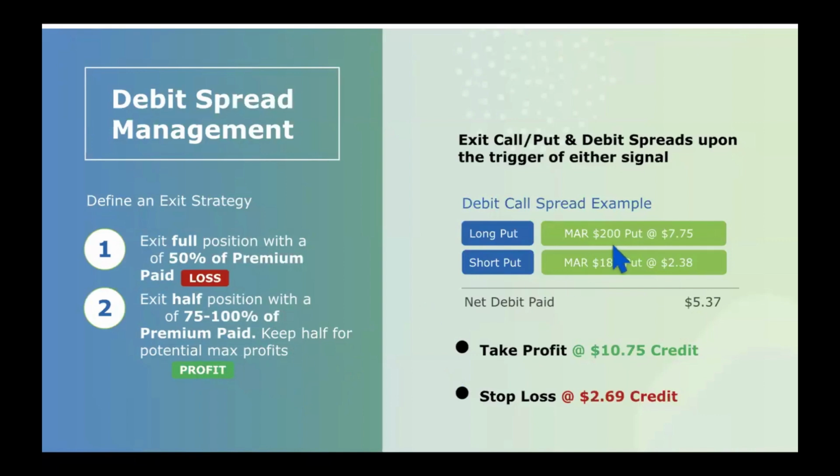So if we put the trade on for $5.37 and the width of the spread is $20, between 200 and 180, we still want to take our max profit, or at least half of the position, if the market gets to $10.75. So in our scenario, we talked about a 1-by-1 spread that was put on.